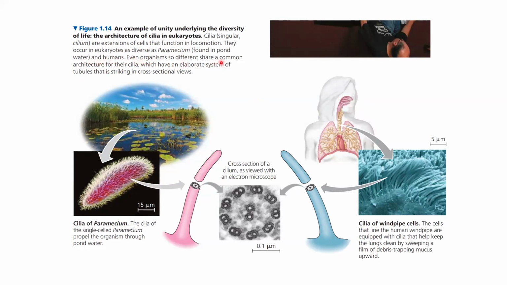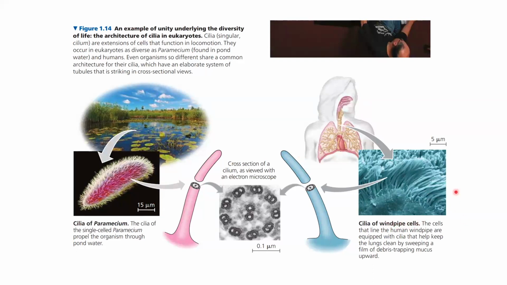Even organisms so different share a common architecture for their cilia, which have an elaborate system of tubules that is striking in cross-sectional views. We'll find these cilia used for locomotion in certain single-celled organisms. The cilia of a paramecium, a single-celled organism, allow it to go through pond water. But even we as humans, in some of our cells, we have cilia, and that's what they're showing here on the right-hand side: the cilia of windpipe cells.